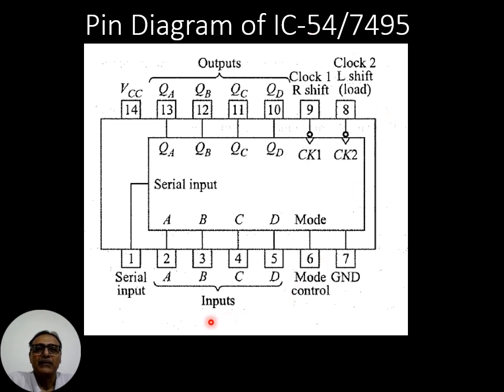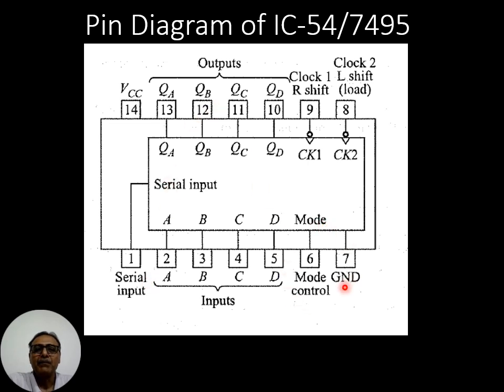Here you can see that A, B, C and D are the input terminals and QA, QB, QC, QD are the output terminals. The pin number 1 is a serial input terminal, means this IC can be used in parallel in, parallel out mode as well as serial in, parallel out mode.